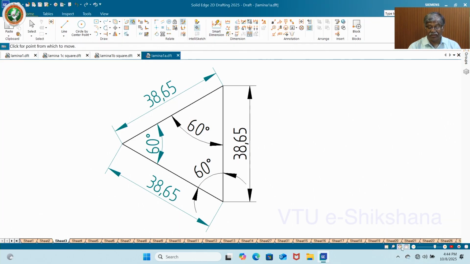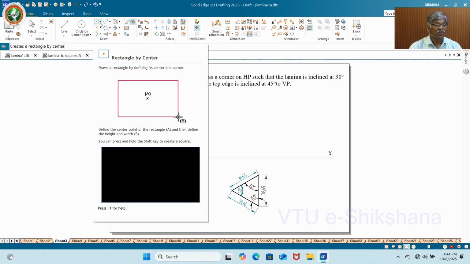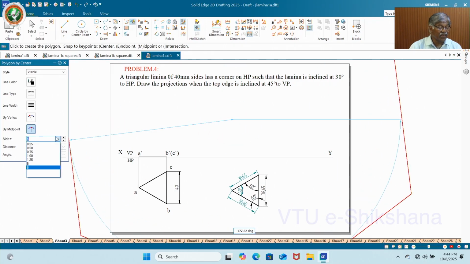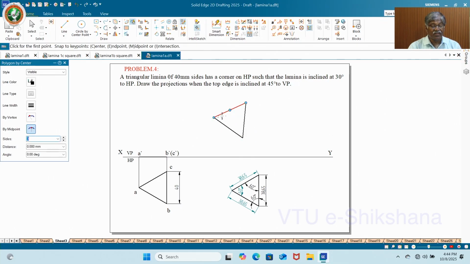Otherwise, you can create the shapes by polygon, triangle. Let us see how it works. Polygon by center. I see here 6 is there; I will make it 3. Let's see. You can create an easy polygon by center. Create some value, then dimension it.